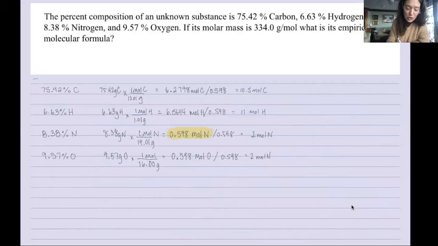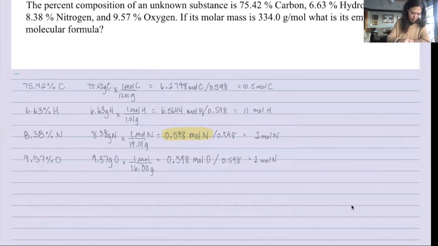Whole as in WHOLE. So 10.5, a 0.5 needs to be multiplied by 2. If that gets multiplied by 2, then everything gets multiplied by 2. And this is now what? 21, 22, 2, 2.